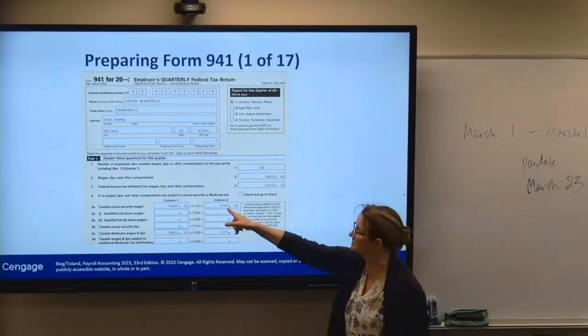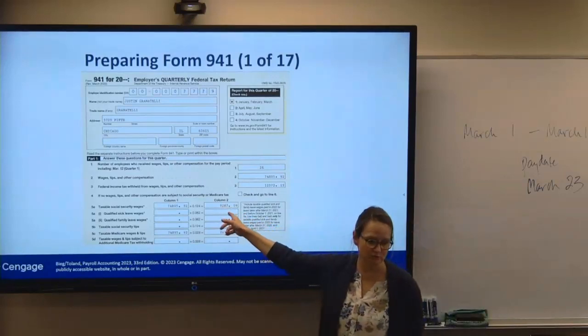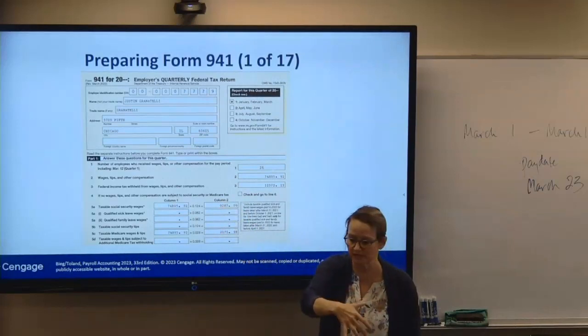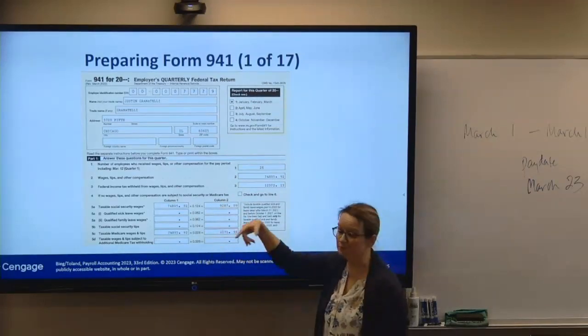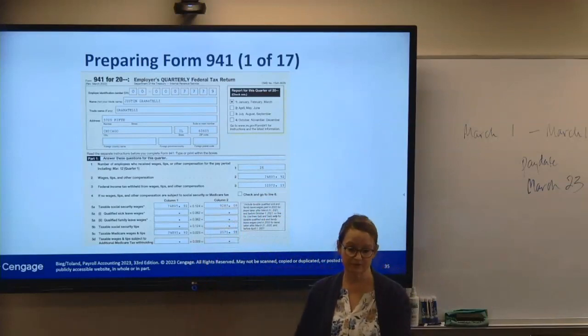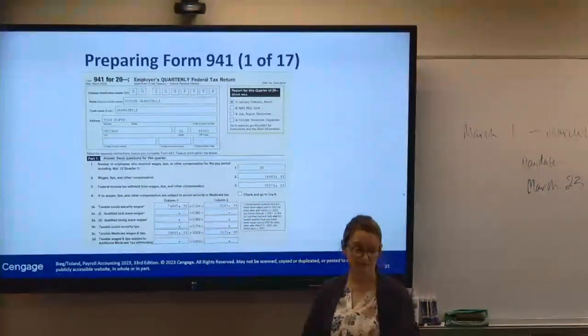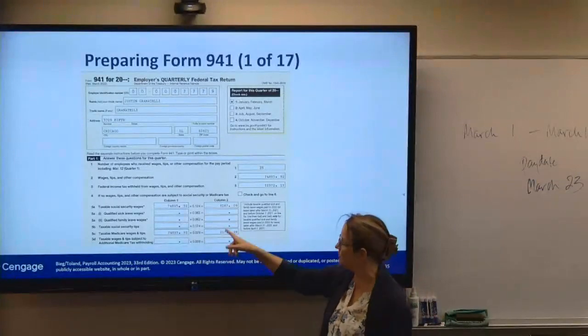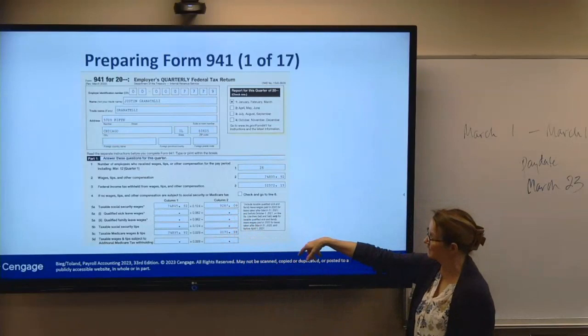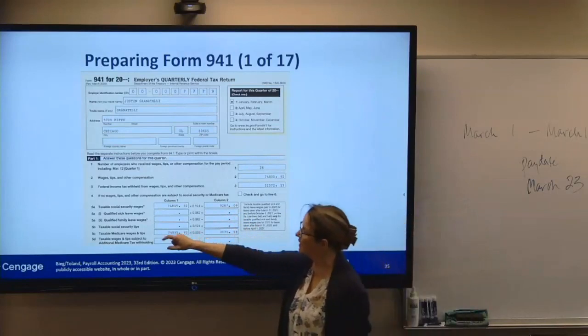So this is reporting the total amount of Social Security taxes that have to be sent to the IRS. This includes both the amounts withheld from employee paychecks, as well as the amount that the employer has to contribute. So we're looking at the full amount that is now due to the IRS.